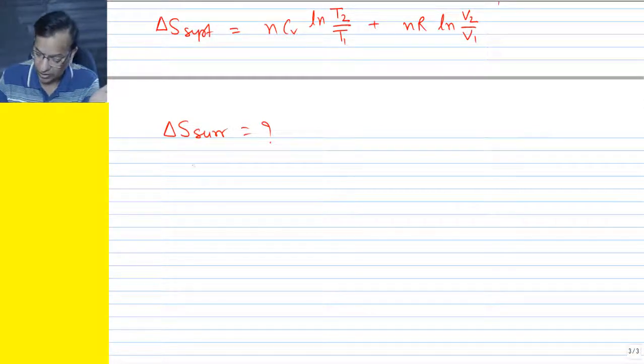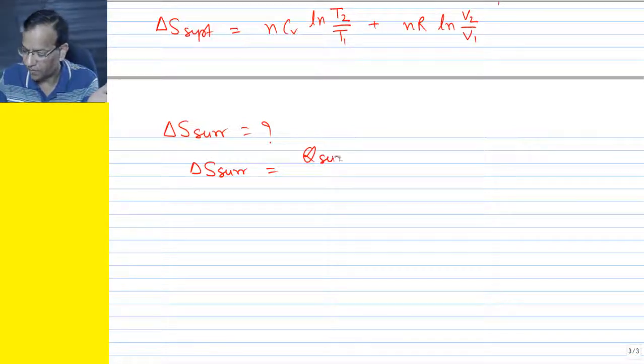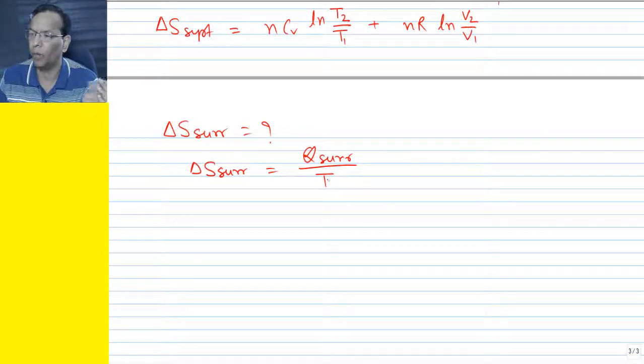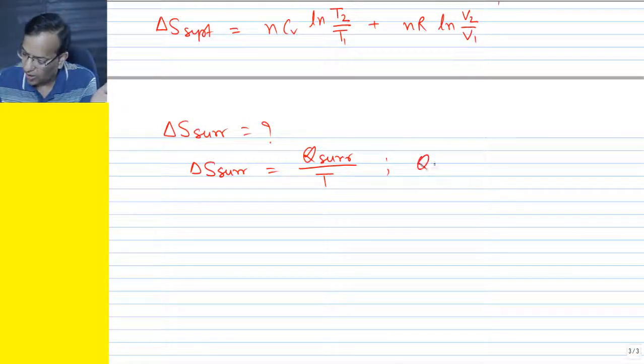So delta S surrounding can always be written as Q surrounding divided by T, because Q surrounding will always be Q reversible. And Q surrounding will be minus Q system.